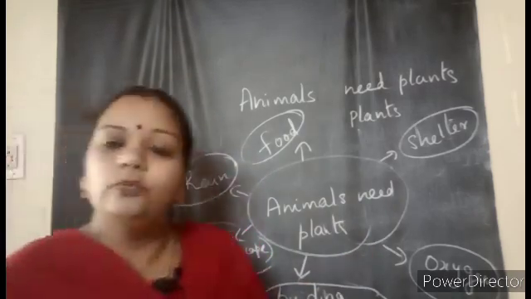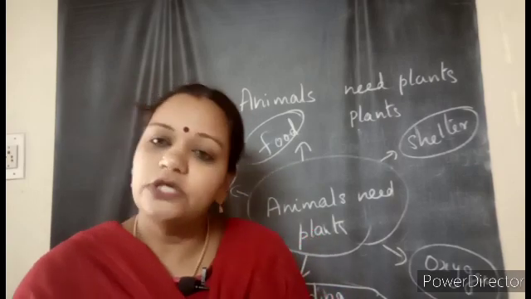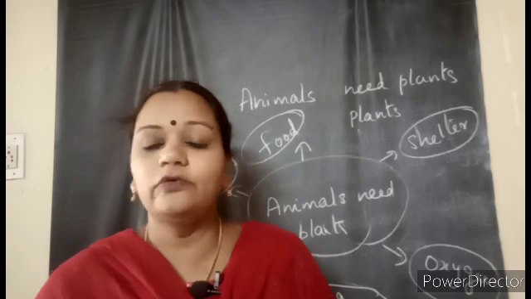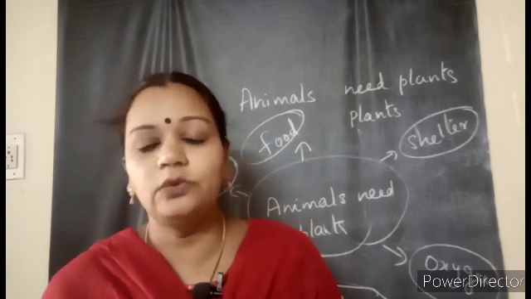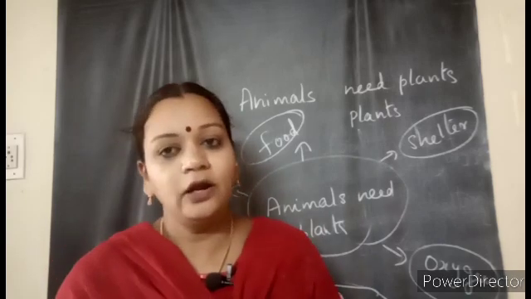And by now you all know that trees help in bringing rainfall, so even the animals need rainfall, then only they will get water to drink, and the plants will grow well so that they can get their food.